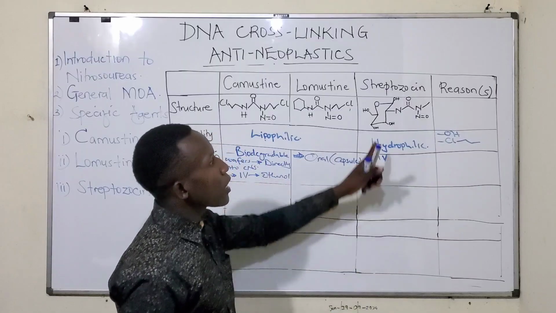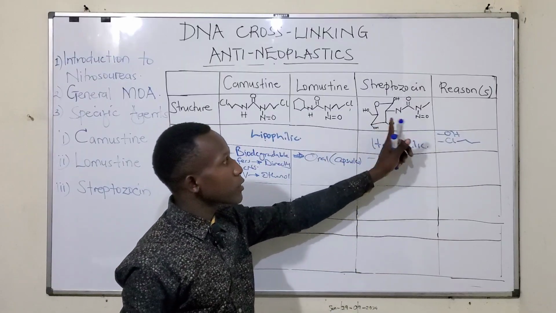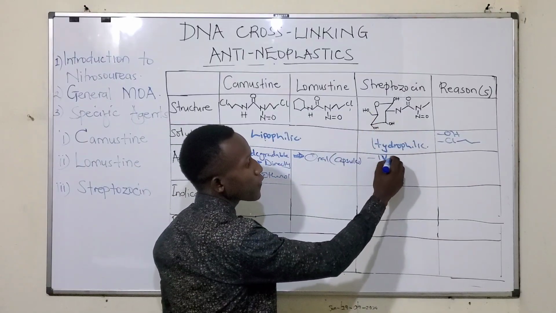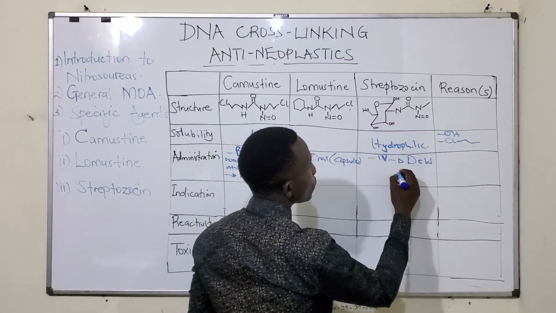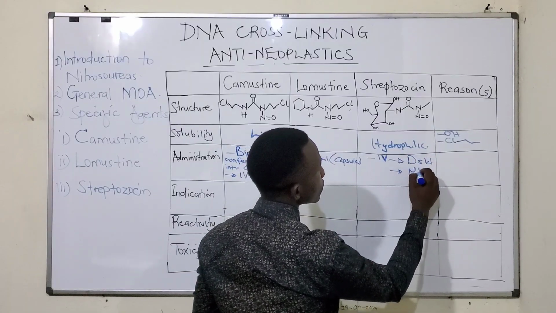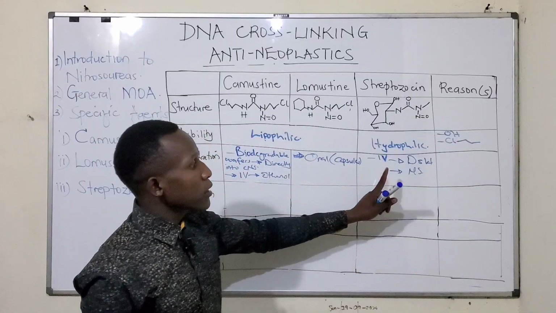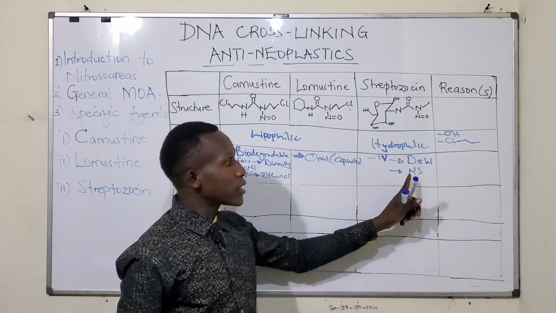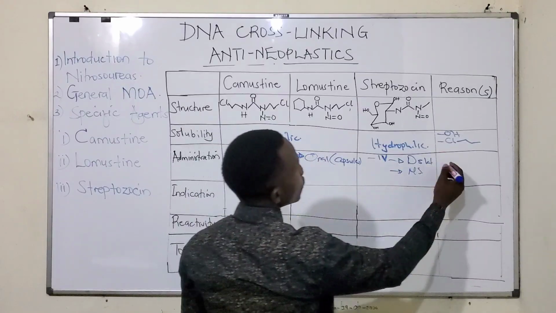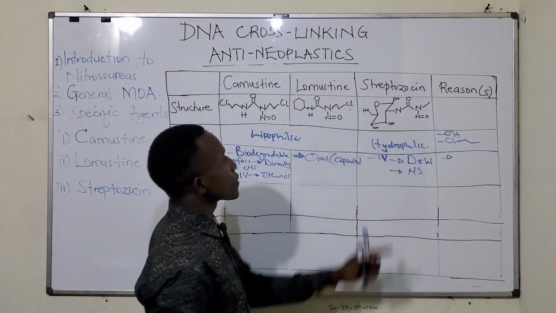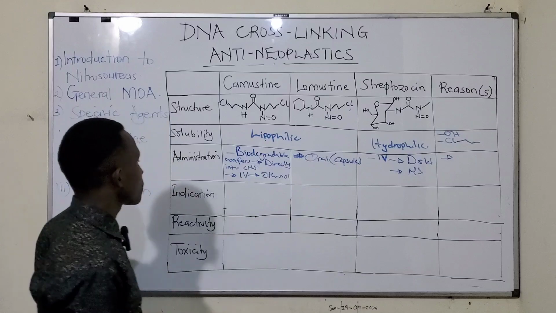Due to its highly hydrophilic groups, it is administered IV, either in dextrose 5% or in normal saline. Of course, the reasons are the OH groups, then the chloroethyl groups.